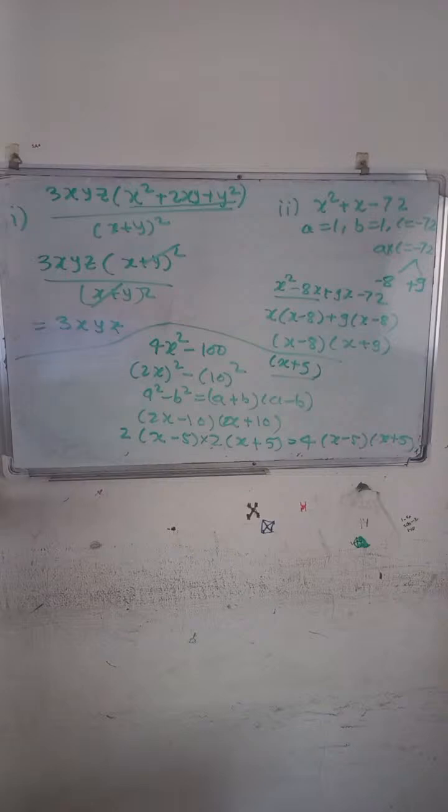So this is the answer. Don't forget that multiple, otherwise, in the usual way we write one factor is x plus 5, then another should be x minus 5. No need. Here the multiple 4 is present. Getting? Understood?